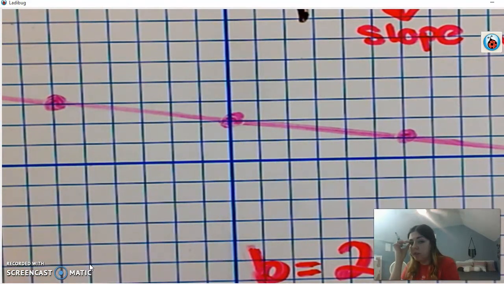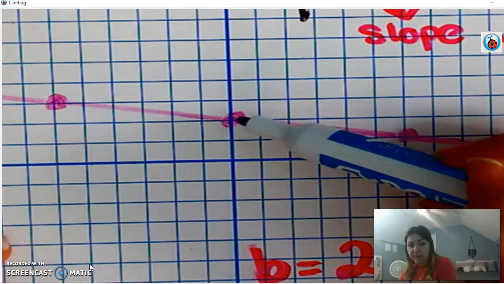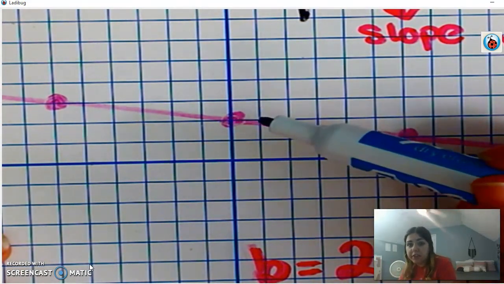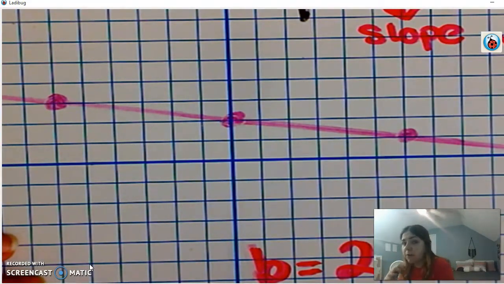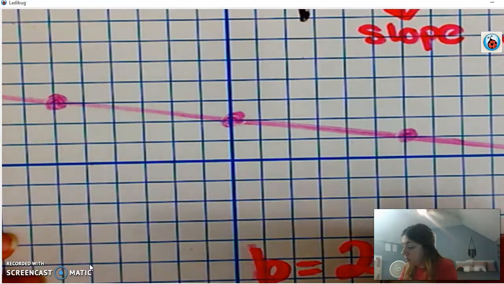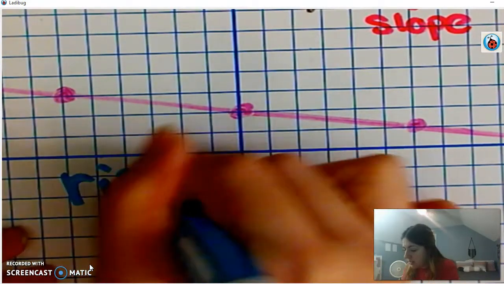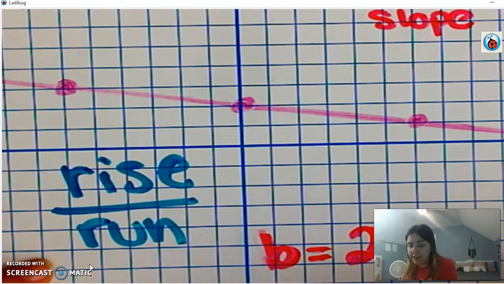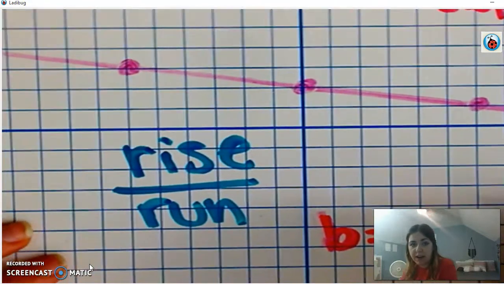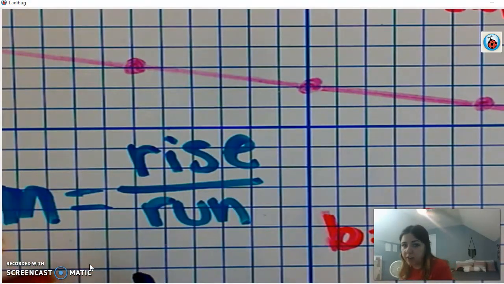But you always want to start with the point on the left, and you're going to do this just like you read. We always count left to right. And remember, whenever we find slope, we are doing rise over run, okay? Rise over run is going to give me my slope. So m is slope, m equals rise over run.